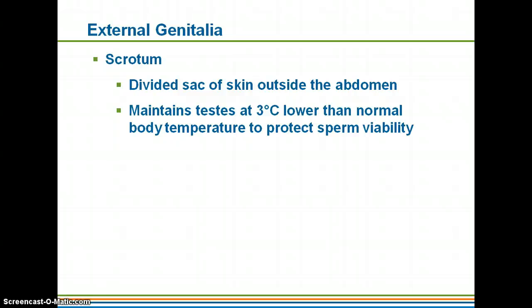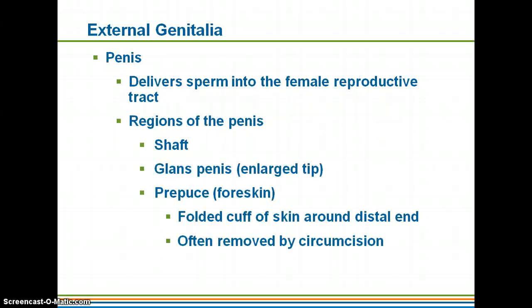So it has to be about 3 degrees Celsius lower, which is why when males get really hot, you have a homeostatic balance system that will allow them to expand, so the temperature does not get too hot. And if they get too cold, then they will contract, so that way they do not get too cold. Both ways, keeping the sperm viable.